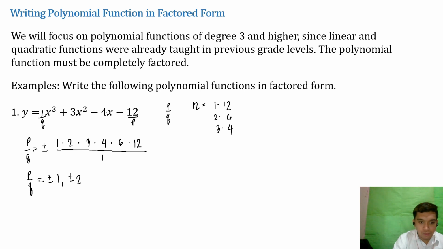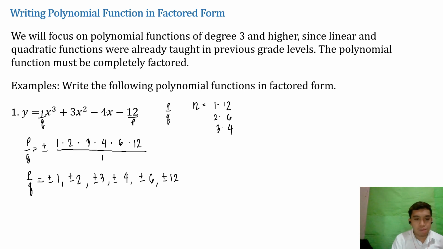Positive, negative 2, 2 divided by 1 is 2. Then positive, negative 3, positive, negative 4, positive, negative 6, and positive, negative 12. So right here, ito na yung ating mga possible roots.